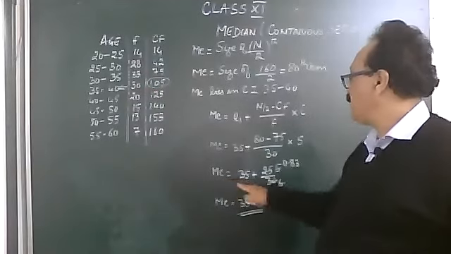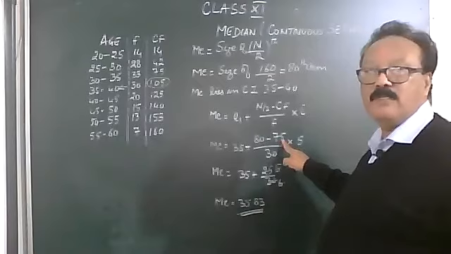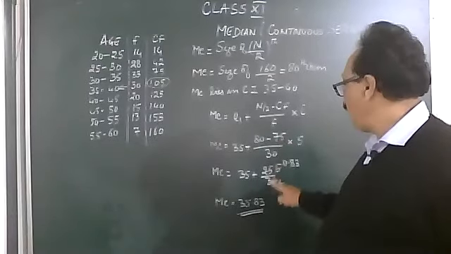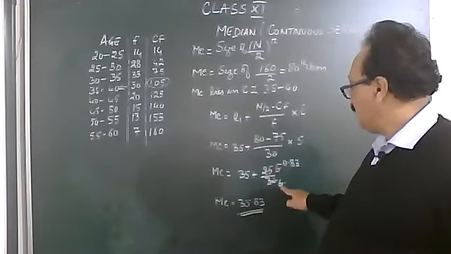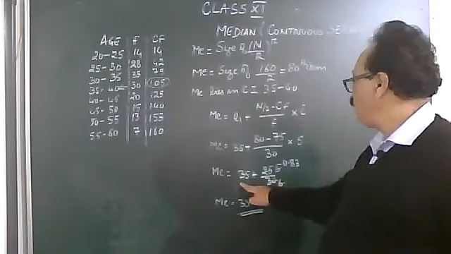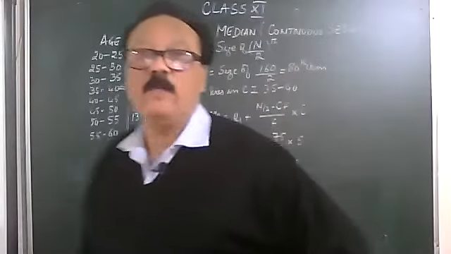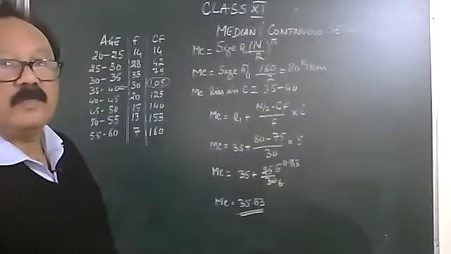So median is equal to 35 plus 80 minus 75, which is how much? 5. Directly you can multiply 5 by 5, 25 upon 30. 0.83 approximately. Add this to the 35, you get 35.83.